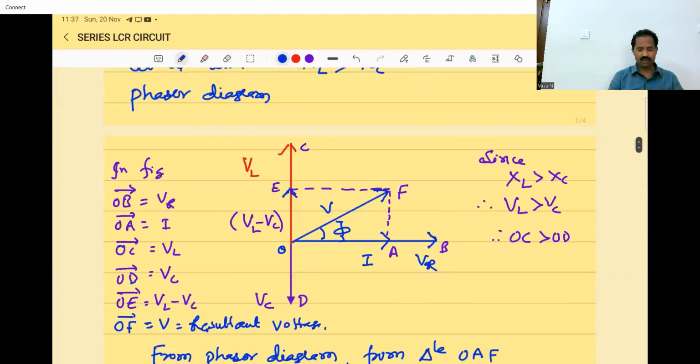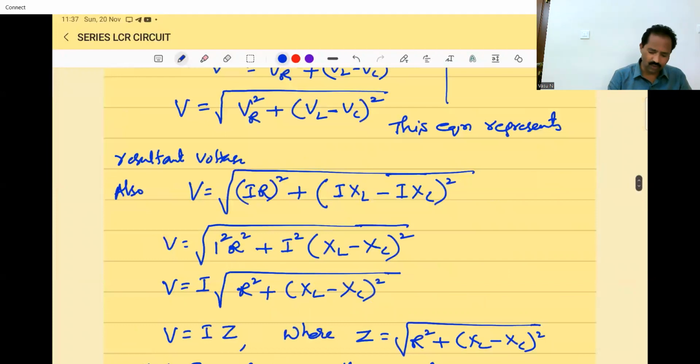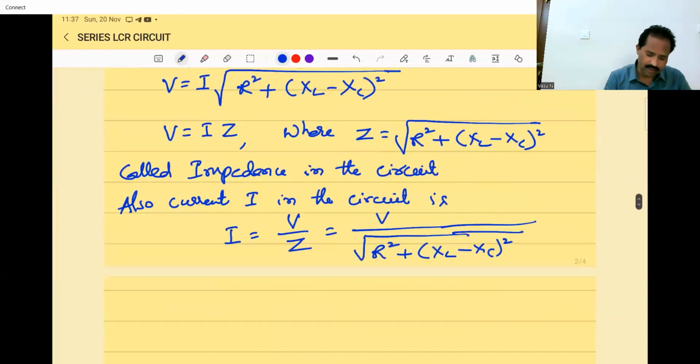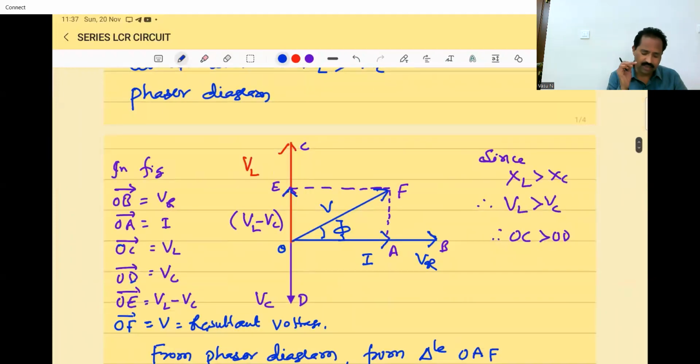At the same time, look, we got the V value, we got the impedance value, so we can also find out the phase lead. Look at this diagram. In this case, I assume VL is greater than VC because XL is greater than XC. Therefore, voltage leads current by some angle phi.